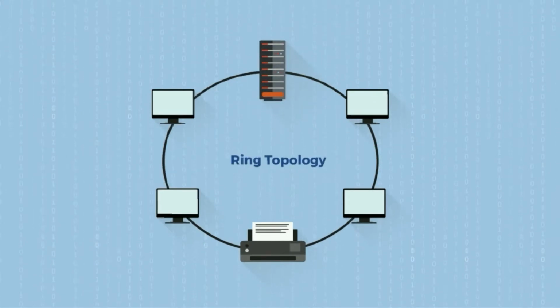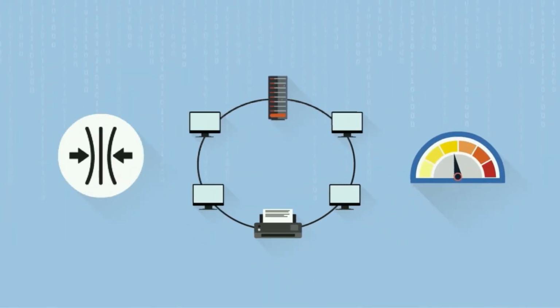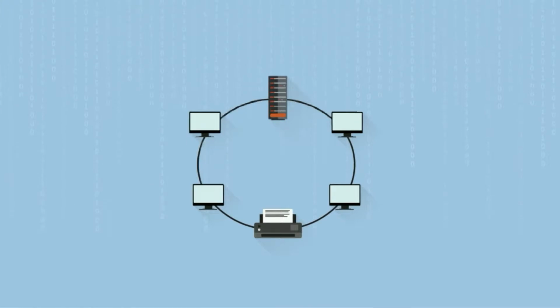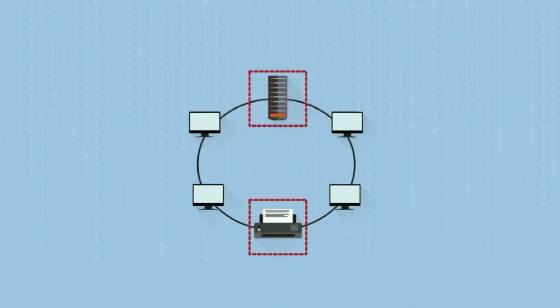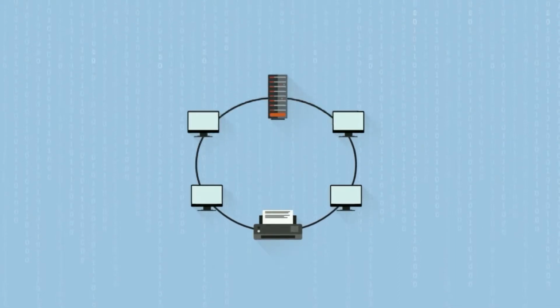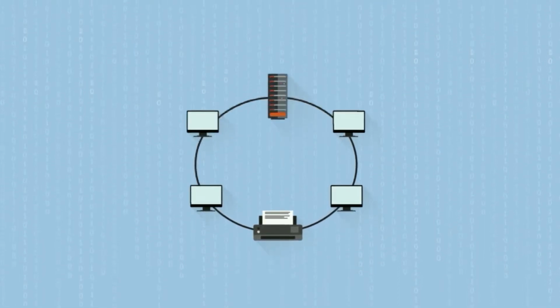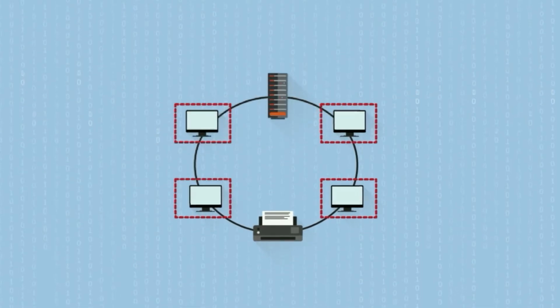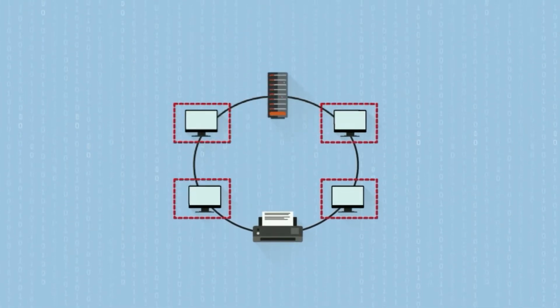A ring topology is rarely used in today's LAN environments, but you might still find it in some ISPs for high speed and resiliency. The idea behind a ring is that each node in the ring is responsible for passing information to and from each other. So you can only communicate with systems that are directly next to you in a ring.